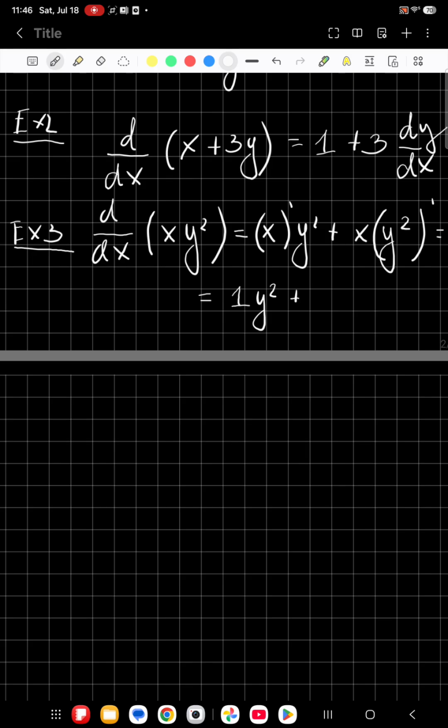Now the first function is unchanged, so x, and the derivative of y squared. So that's going to be, that outside is the exponent 2, so it's going to be 2y. And now times the derivative of the inside, so that's just y, so dy/dx.